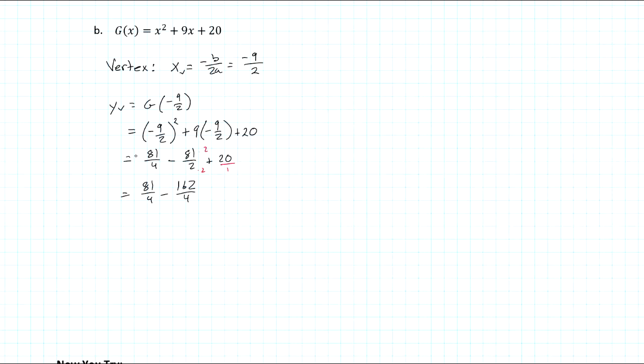And then the 20 is over a 1, so if I multiply top and bottom by 4, we'll get plus 80 over 4. Adding these numerators up, we get negative 1/4. Take a second there. 81 minus 162 is negative 81. Plus 80 is a minus 1.